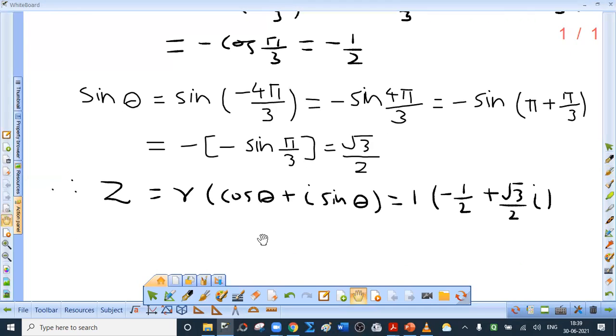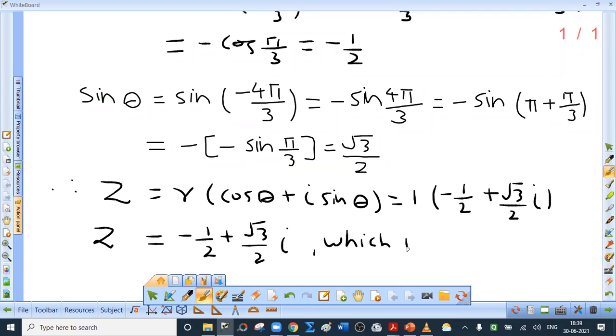Now 1 into means it is just minus half plus root 3 upon 2 i, which is of the form x plus iy.